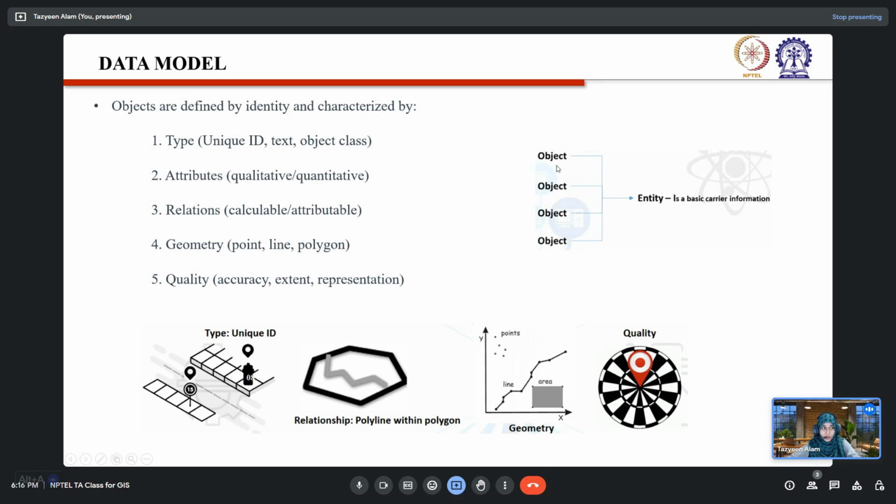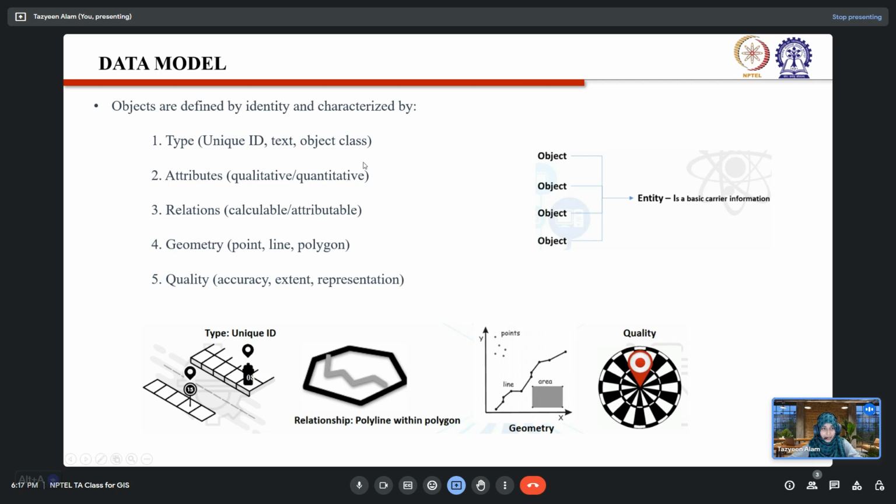Here we are talking about the smallest level of your database information, which is an object, and collectively a lot of objects combine together to form an entity. Objects can be defined by entity and can be characterized by several features. We have categorized five of them here, which are standard.